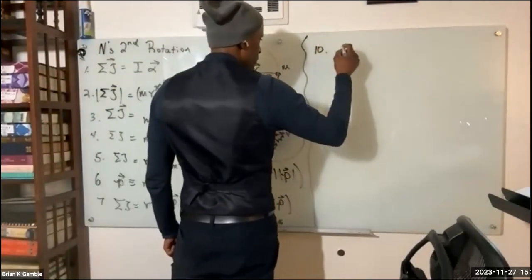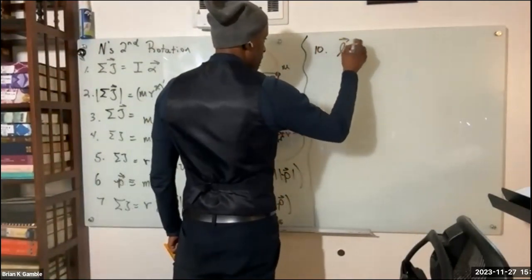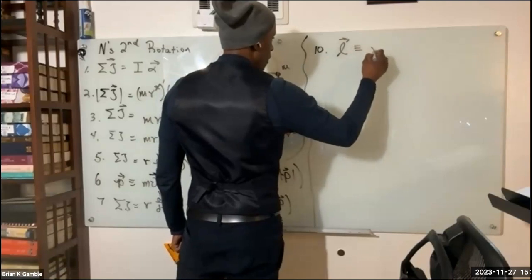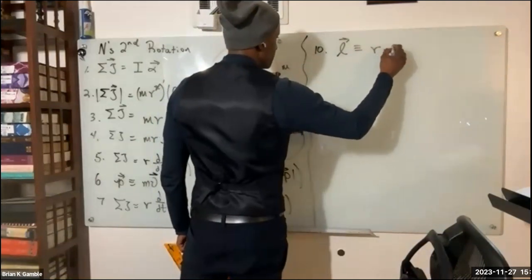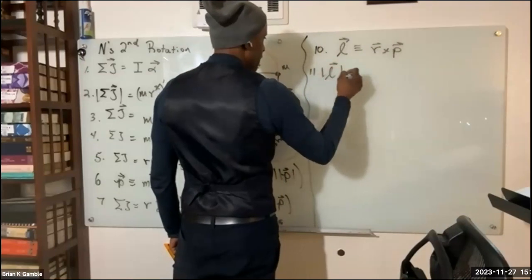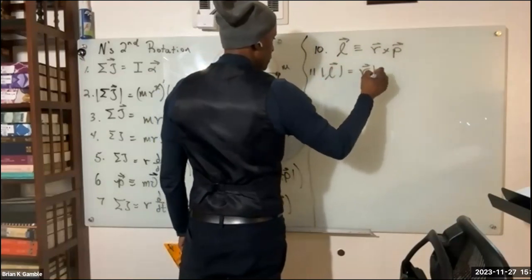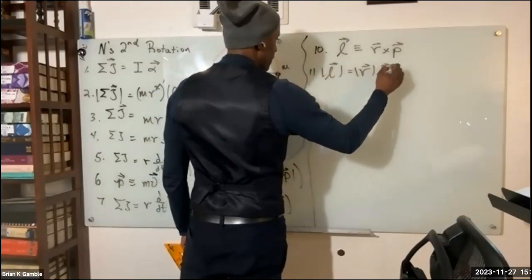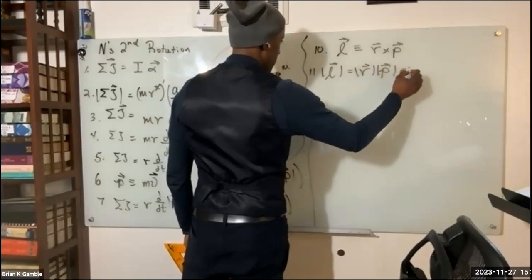But here, we'll say that L, the angular momentum, is defined as R cross P, and the magnitude of that is equal to the magnitude of R times the magnitude of P times the sine of the angle between the two.